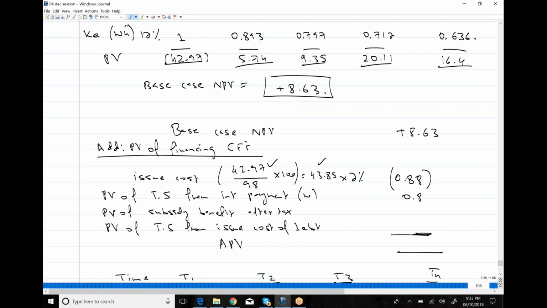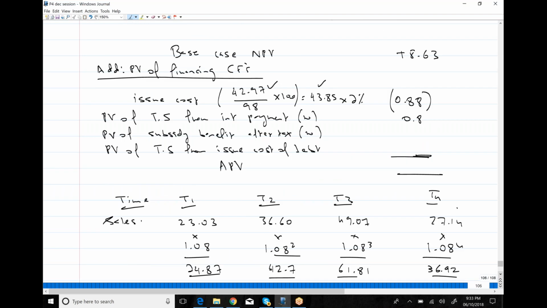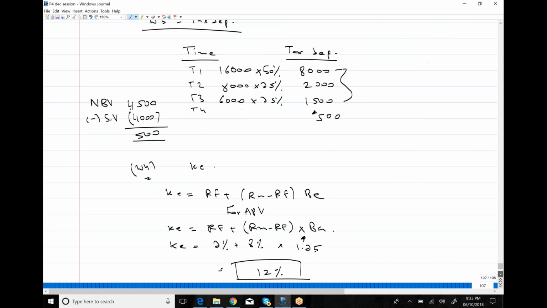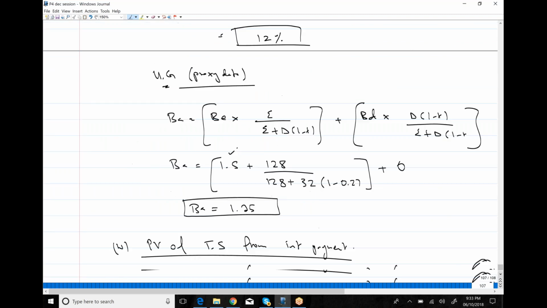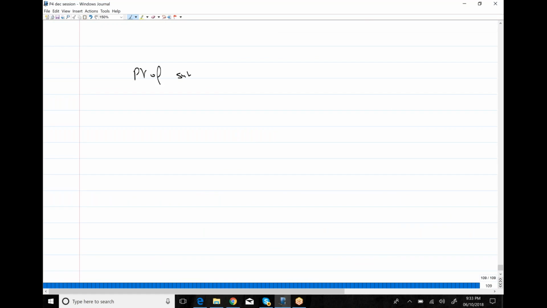Then next we have to compute present value of subsidy benefit after tax. So again we have to do working. I will break this into pieces.